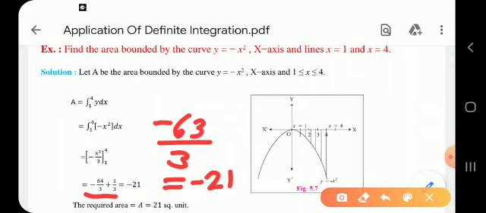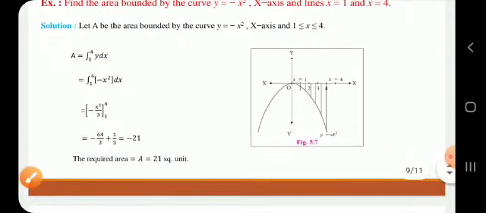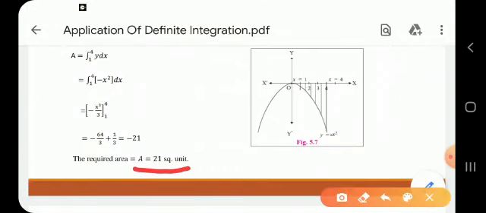Since area is not negative, we consider the area as 21 square unit.